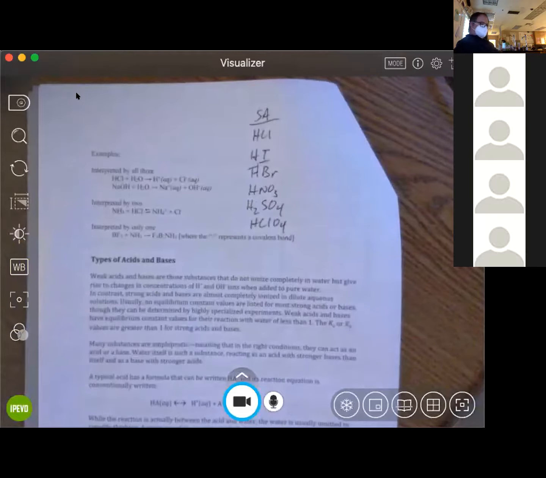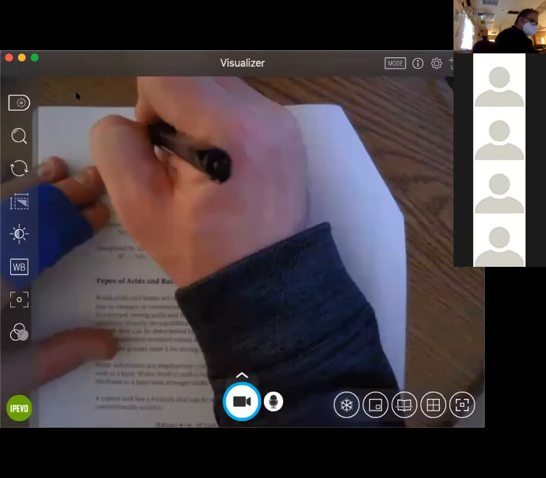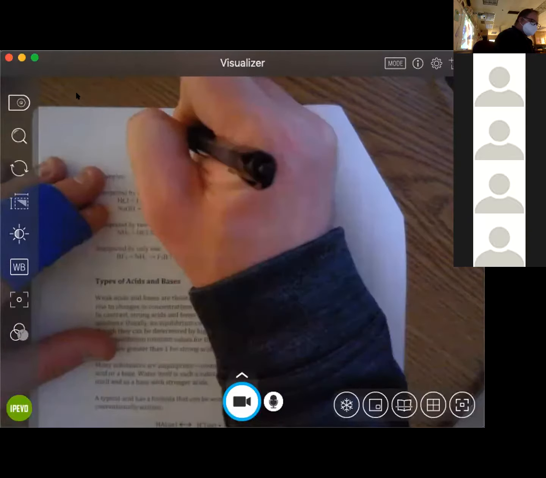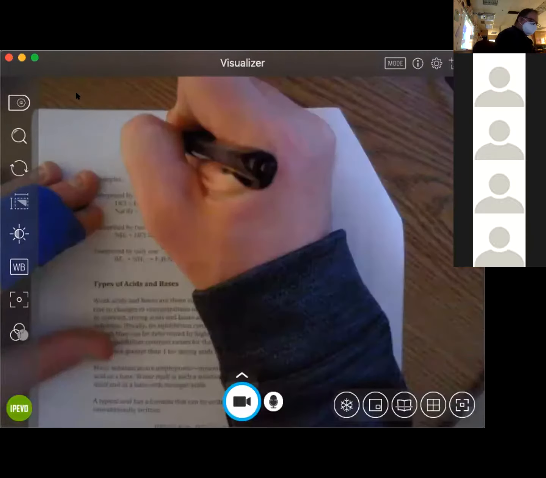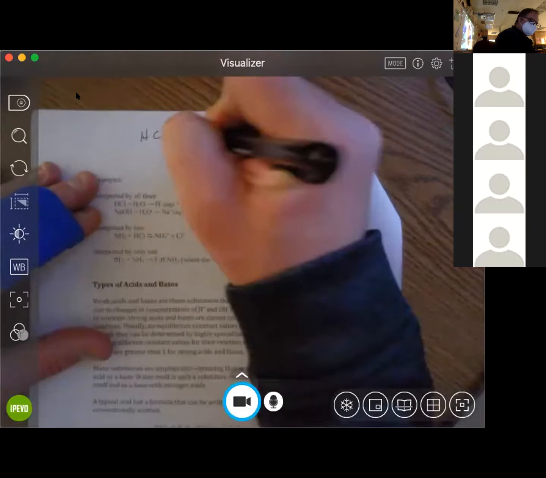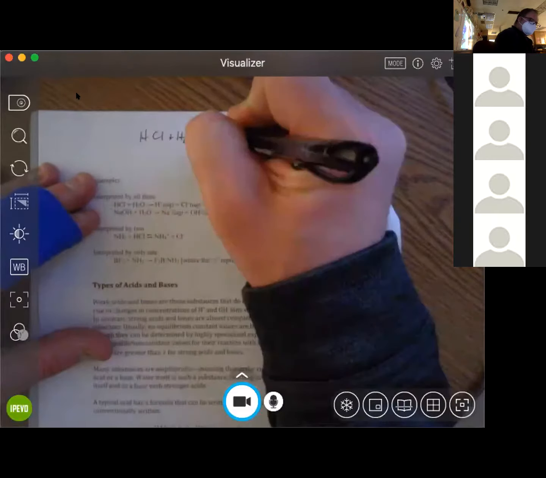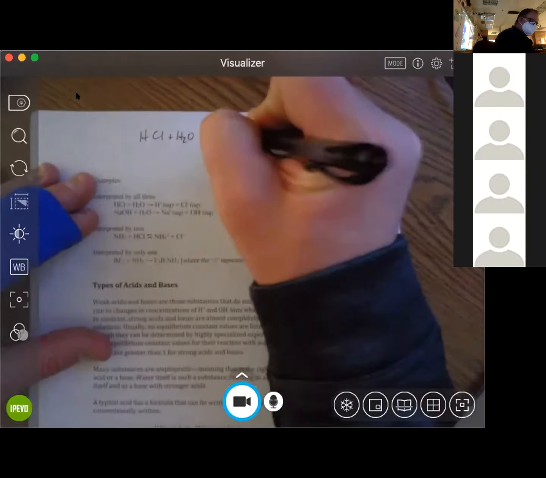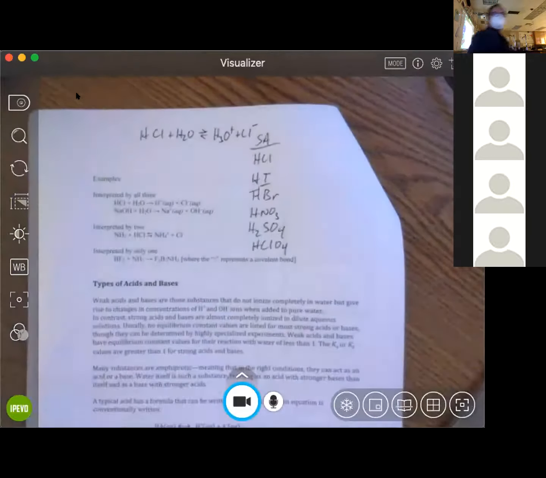And what does it mean to be a strong acid? It means that you ionize completely. So hopefully at this point we know what ionize means. If we look at the reaction here, HCl plus H2O yields H3O plus and Cl negative.